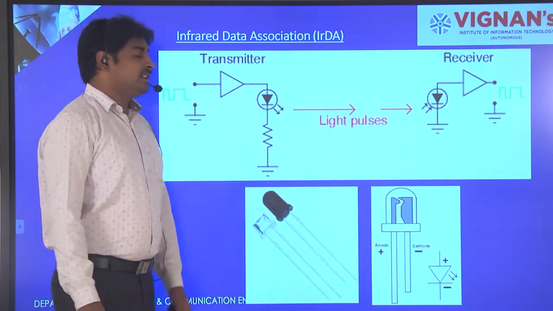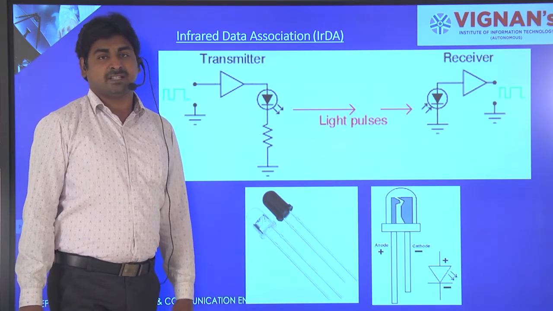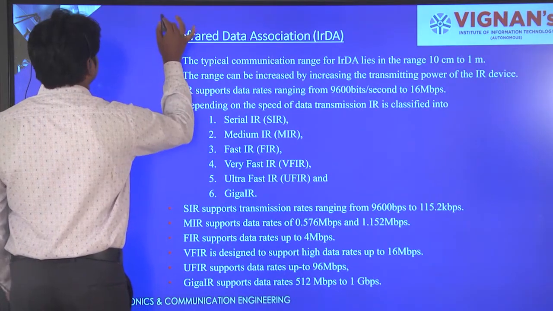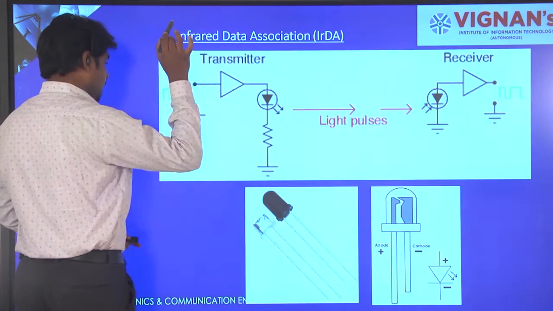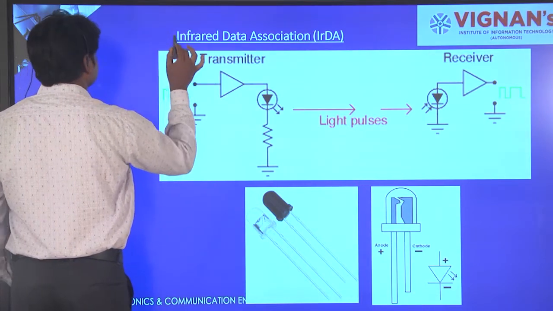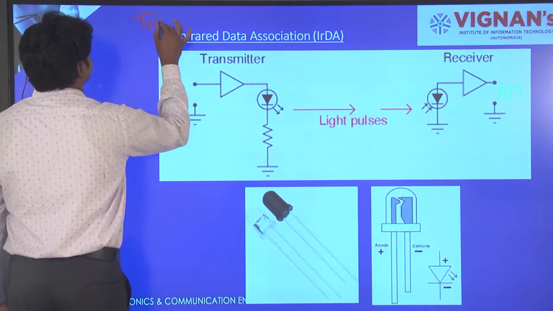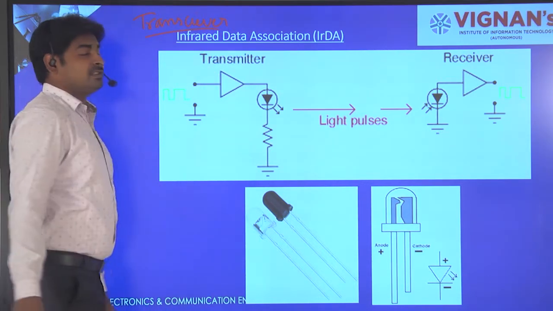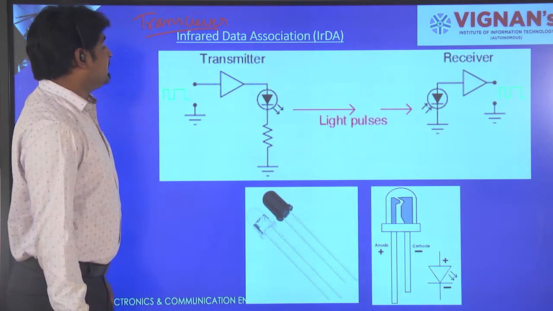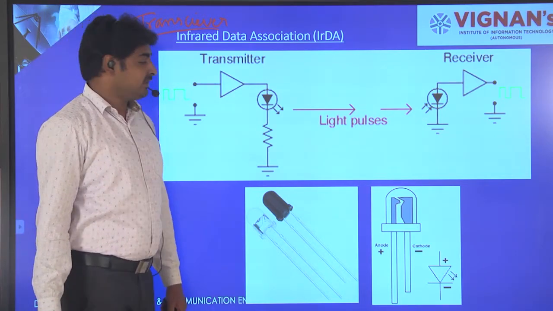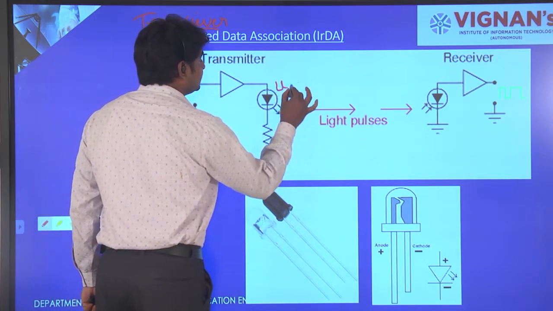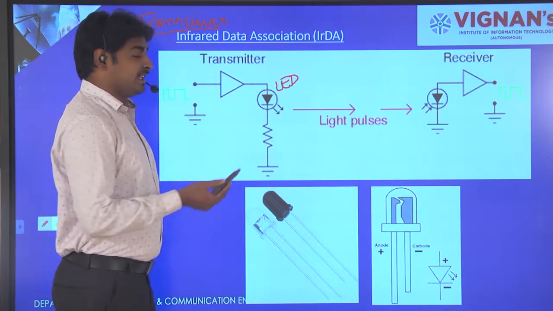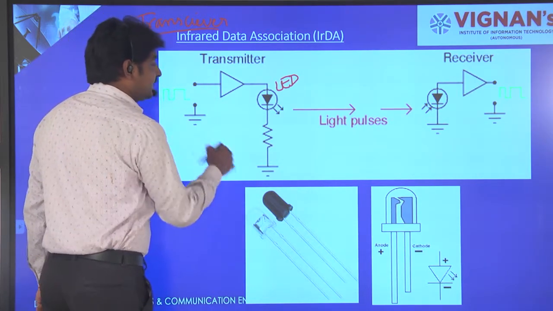So an infrared device is generally a transceiver, which means it consists of both transmitter and receiver. The source to generate the IR wave is an IR LED, a light emitting diode. It is used to generate the IR signal, and this is the transmitter part.